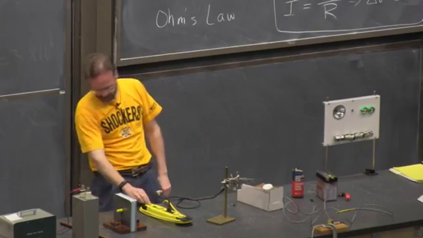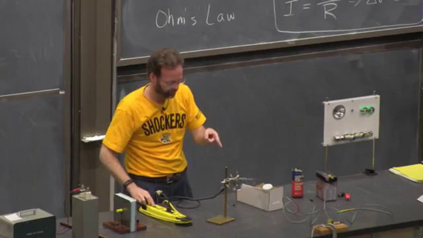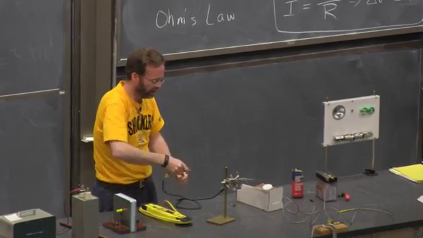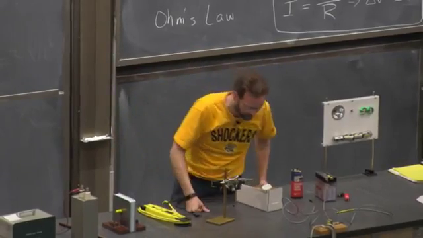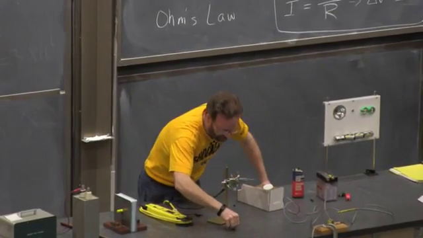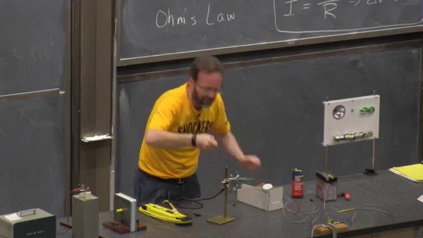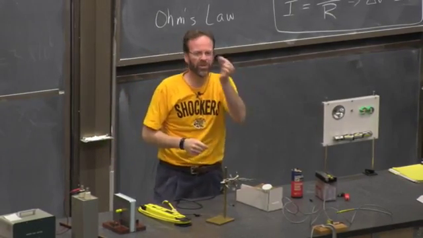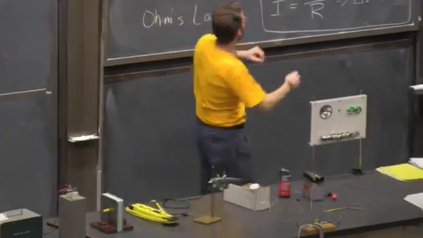Are you ready? Poof. That's why you don't stick your fork in the socket. So, the electric field was established when I hit the switch. The charges in here started moving, but it's really skinny. Lots of resistance.